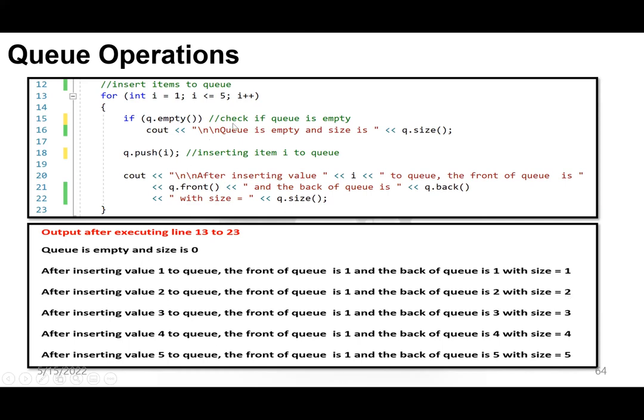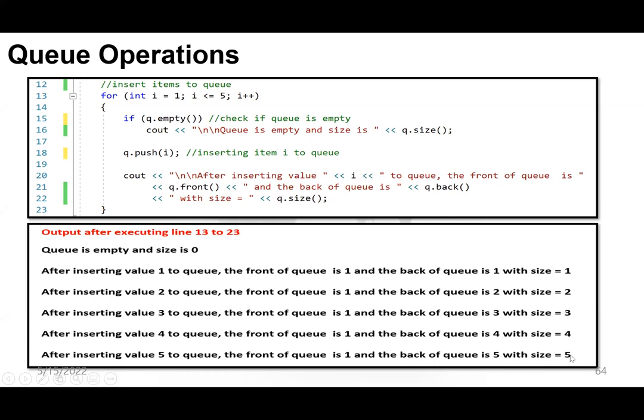Then you just continue. When i becomes 3, the front remains the same, still 1, but the back now becomes 3 and the size becomes 3 as well. When i becomes 4, the same thing happens: the front is still 1, but the back of your queue is 4. And when you insert the last value, 5, the front of your queue is 1, but the back of your queue is 5.